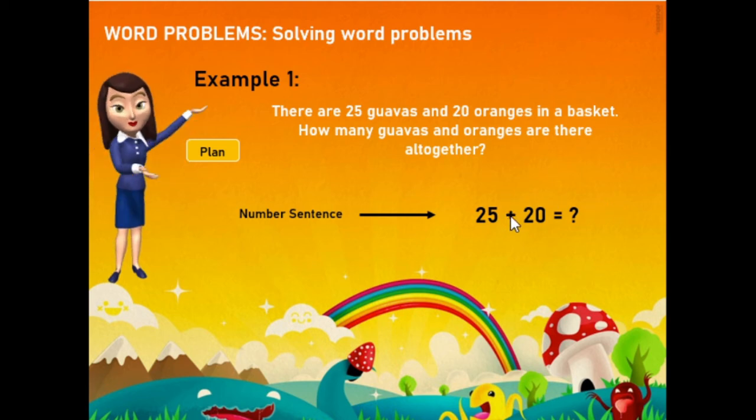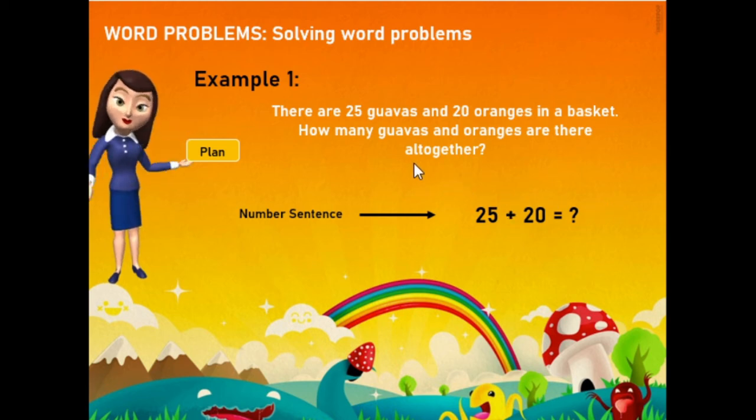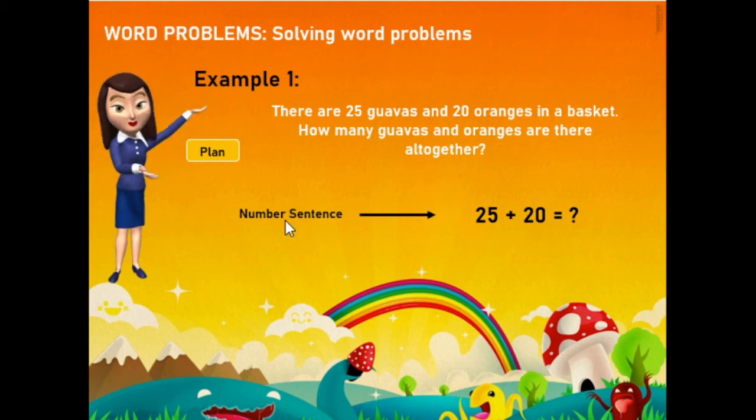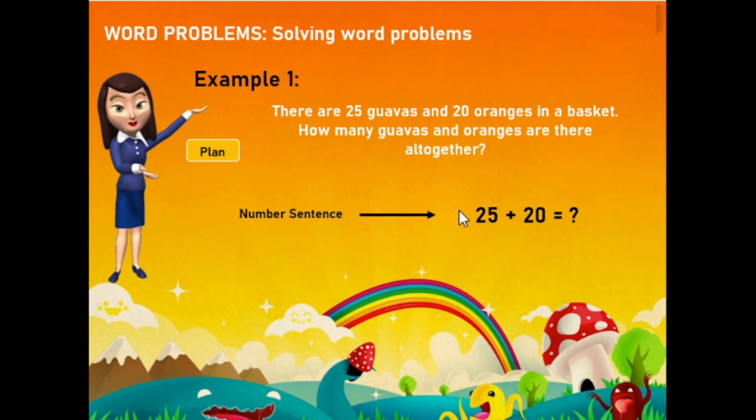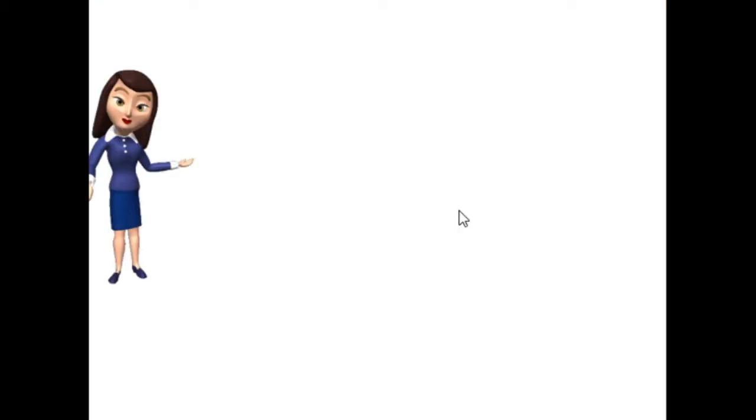Plus, because as I have said, altogether could substitute the word or the process addition. Number sentence 25 plus 20, this is our plan. So, that's step 2. Step 3, we need to execute the plan.